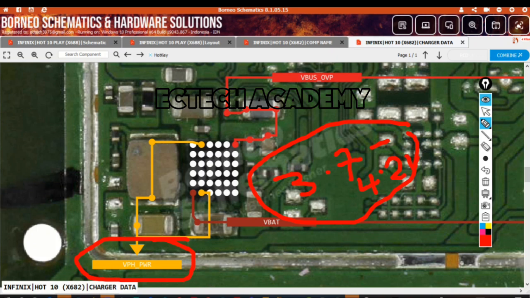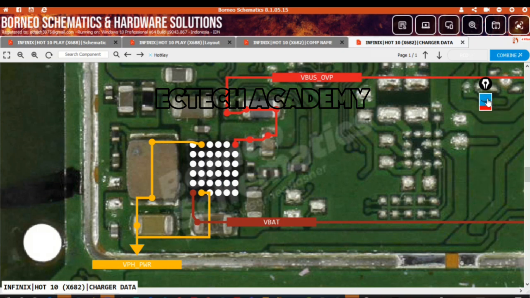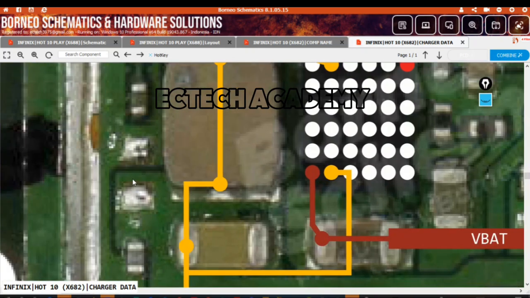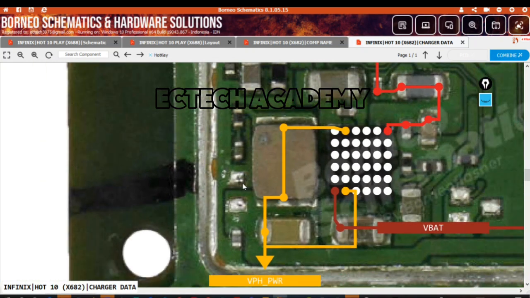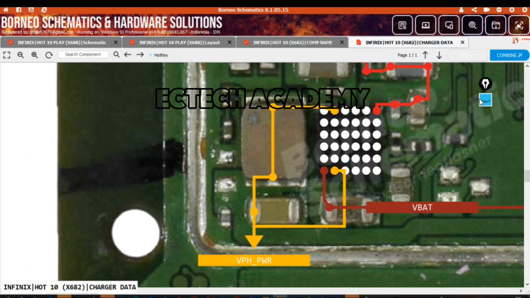That's the fault whereby the charging IC also gives out, because this charging IC has a buck coil, this is a buck coil, this is a buck coil, this is a buck coil.